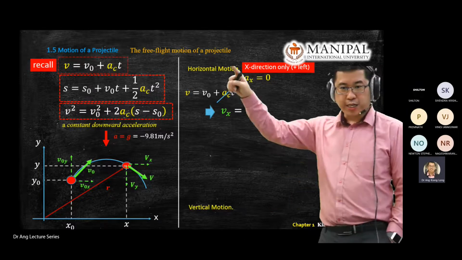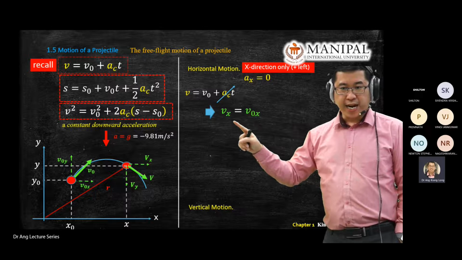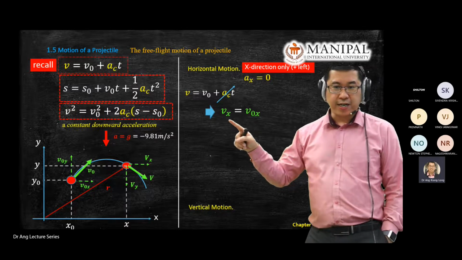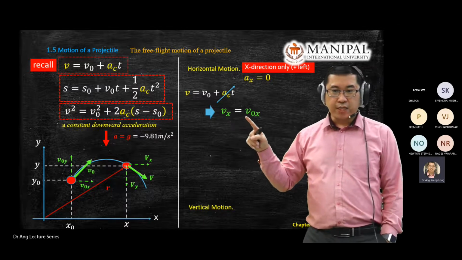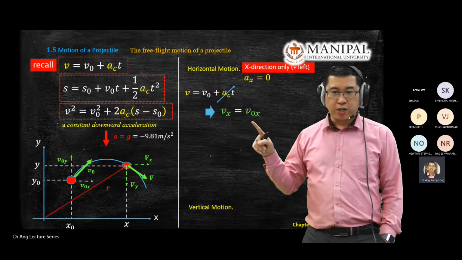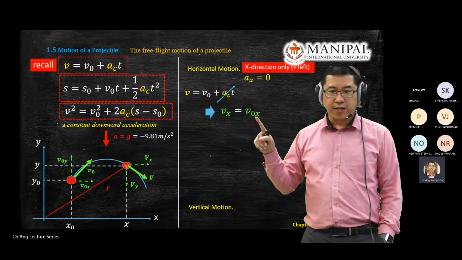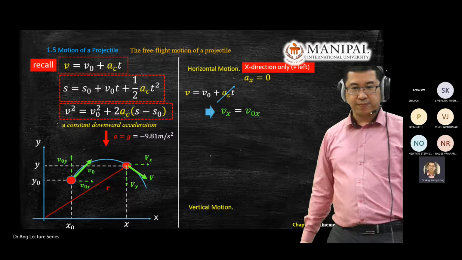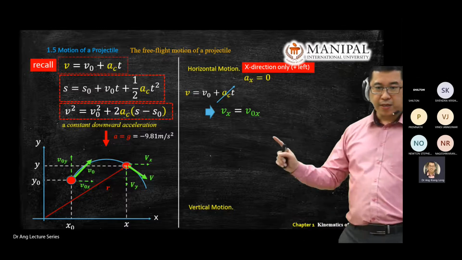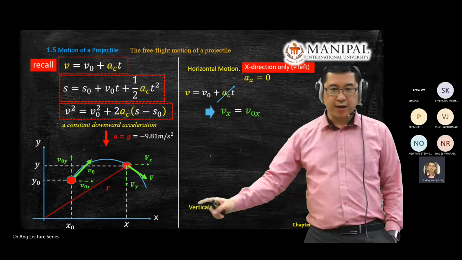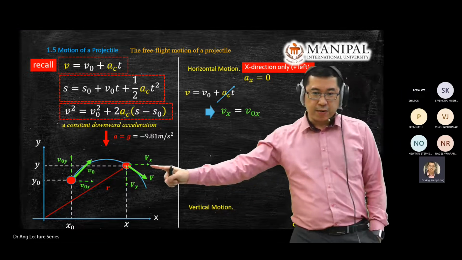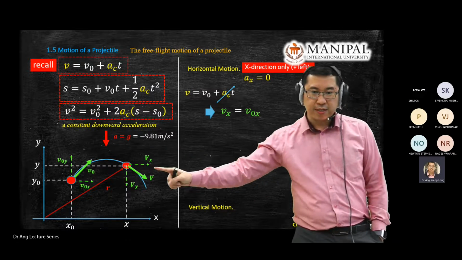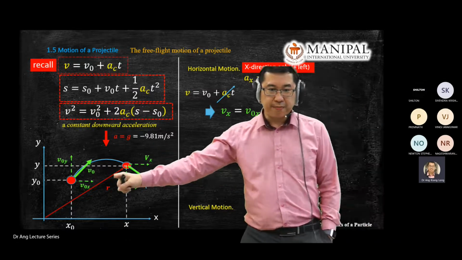Okay, so for a projectile, your Vx, your velocity in the x direction, will always equal your original velocity in the x direction. What does it mean? If you compare this to the diagram, this component will always be the same.